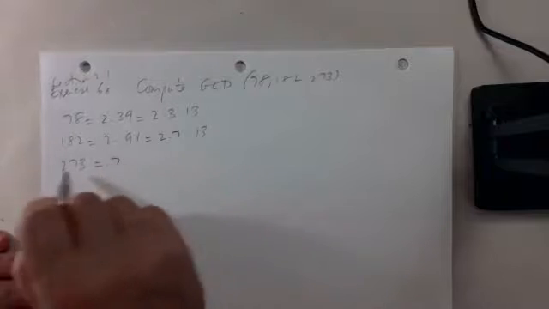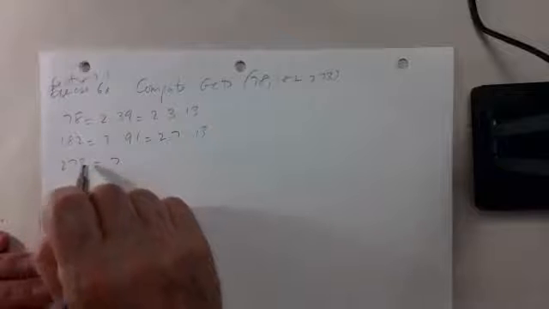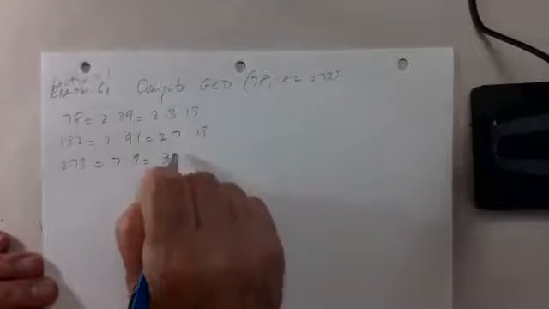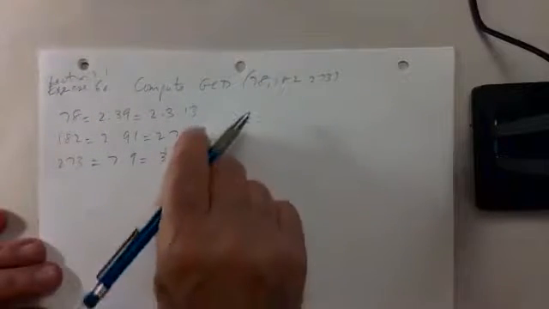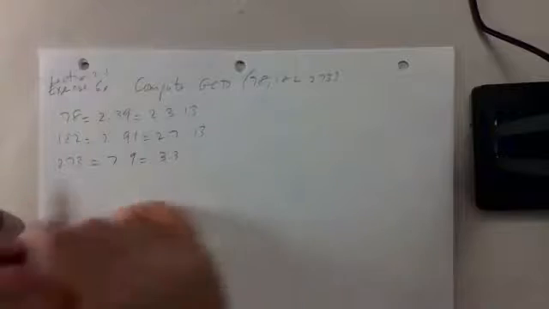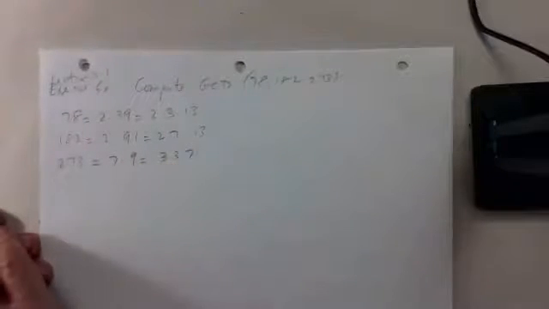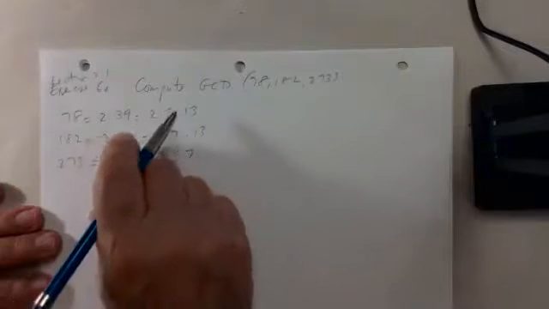If you divide it by 7, 7 into 27 goes 3 times, 7 into 63 goes 9 times. So it's 3 times 7 times 13.